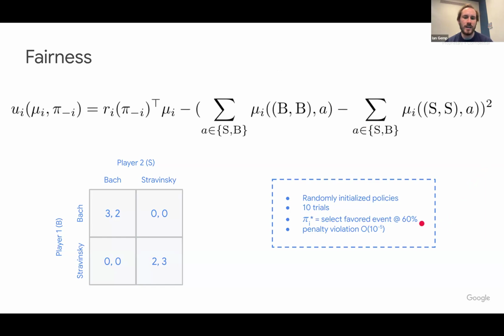The way I express this is that it seemed like 60% of the time they're ending up at one and 40% of the time the other. But what I meant here is that this player one prefers Bach. Their strategy at equilibrium is to select Bach 60% of the time and Stravinsky 40% of the time. And the Stravinsky player selects Stravinsky 60% of the time and Bach 40%. But that's the same for all 10 trials.